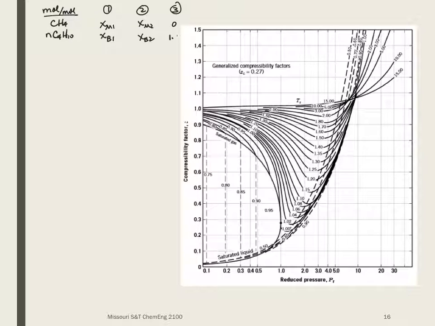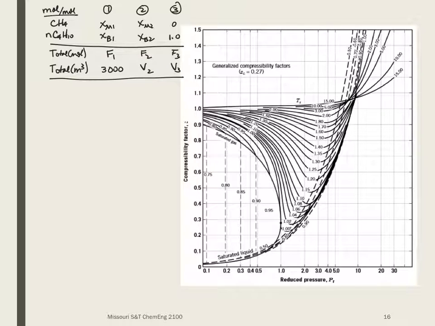My stream 3 is pure butane. I have a total flow rate of each of these in moles, and in volume, and I have the temperatures and pressures given.